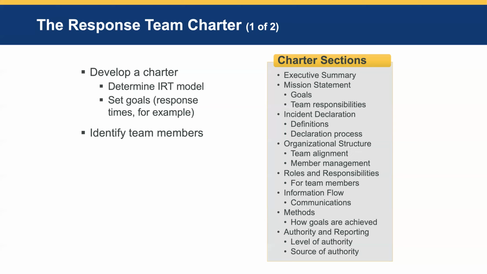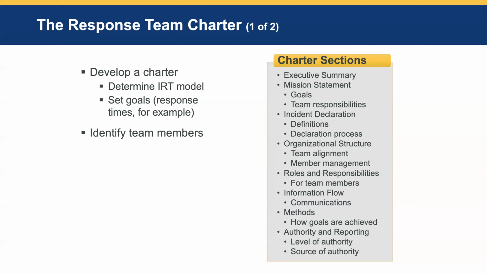Information flow is a section used in order to disseminate information that is collected, analyzed, and communicated from an incident to upper levels of management. You'll have appropriate methods, and the methods define the way the goals will be achieved. And then you also have authority and reporting.